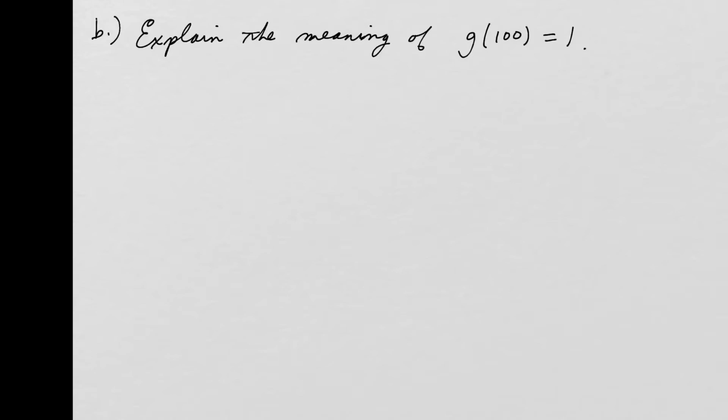Think about this: the input is the argument of the function G, what goes into G. That's the 100, and remember, that was the area. The output is the number of cubic yards of dirt that are needed.